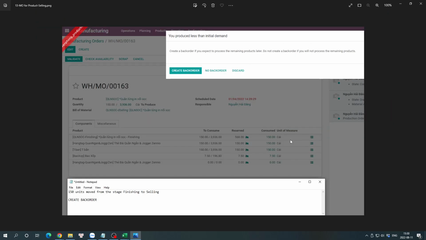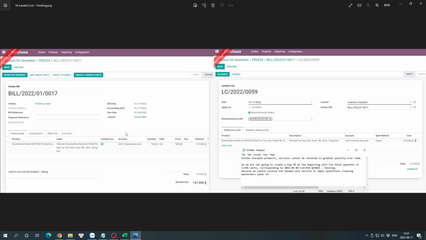Yes, next. Now you can validate the quantity that was received into finished goods inventory and make sure you create a back order. And again, landed cost. The two screens here are all related to purchase order 234.